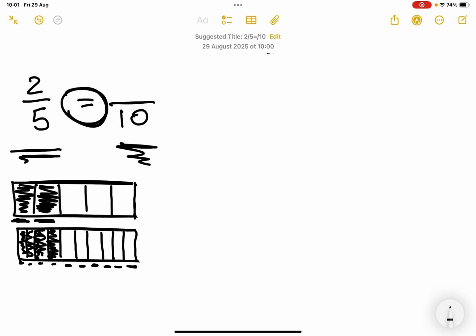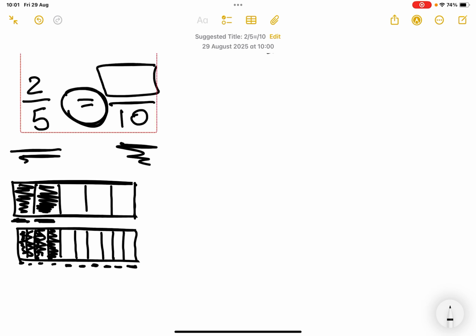The 2 is not going to help me at the moment because there's nothing that's equal. But these 2 can be equal. But I need to find out, well, what can I do to the 5 to make it 10? Because then when I know that, I can see what do I do to the 2 to make it my mystery number over here?